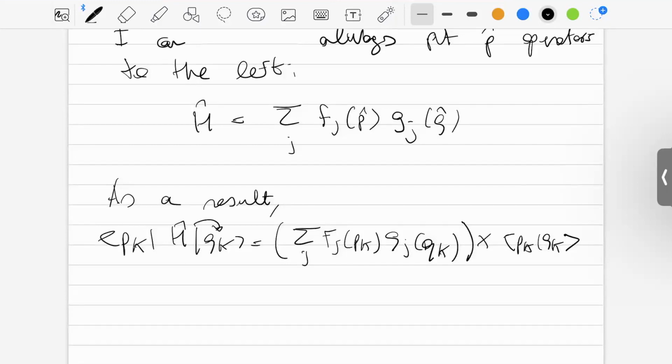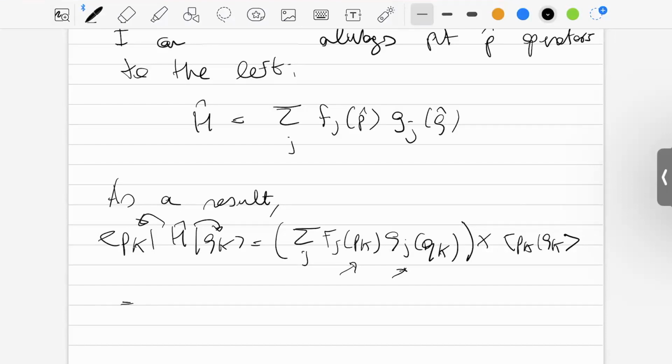On the right, I act with the position operator on the eigenstate of the position operator. On the left, I have the momentum operator, and then I can act easily with the position operator. So these are not operators anymore, but they are the eigenvalues, the result of the action of the Hamiltonian on the eigenstates.